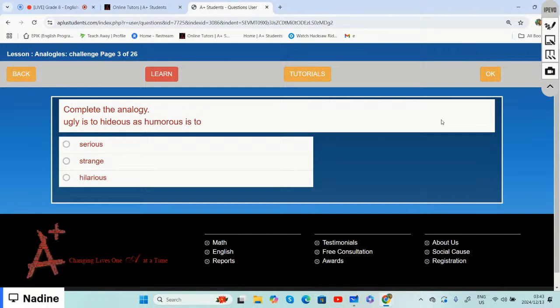Ugly is to hideous. It doesn't look nice. It's ugly, it's hideous. As humorous is to serious, strange, or hilarious? Humorous.